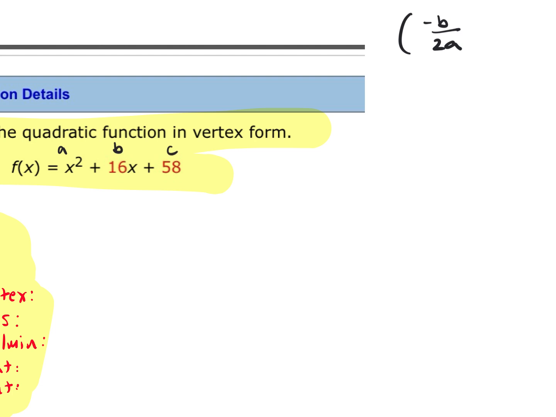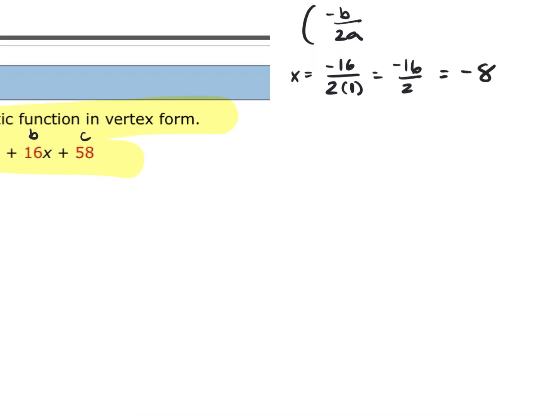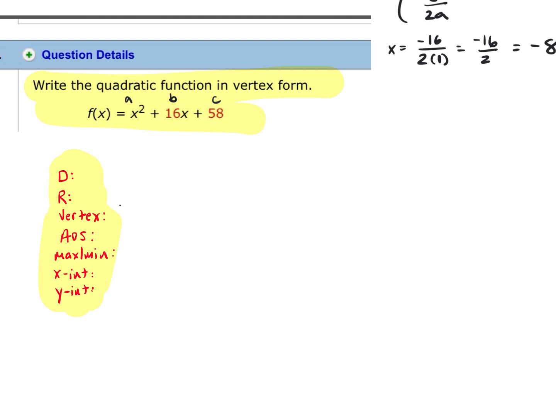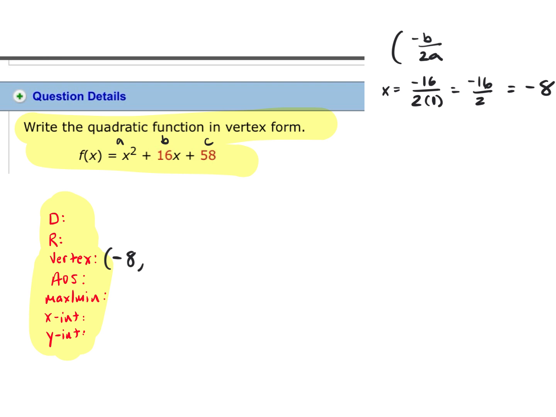So here we have negative 16 over 2 times, what's our a? 1. So negative 16 over 2, which would be negative 8. So in our vertex, the first number is going to be negative 8. So that little formula, negative b over 2a, helps us find the first number in our vertex, or x in our vertex.